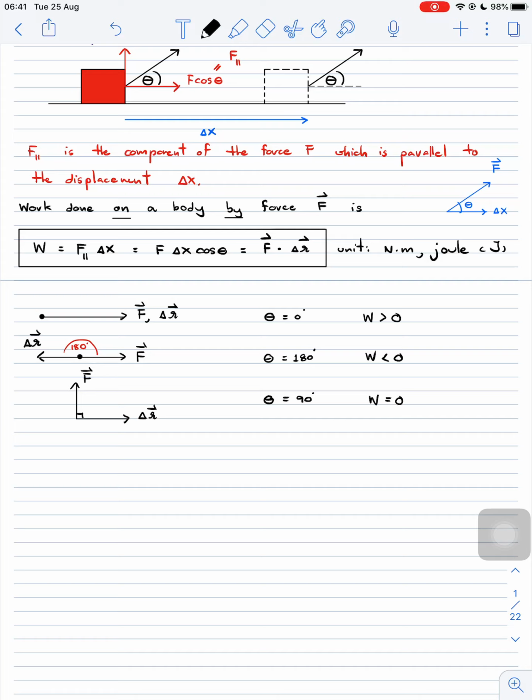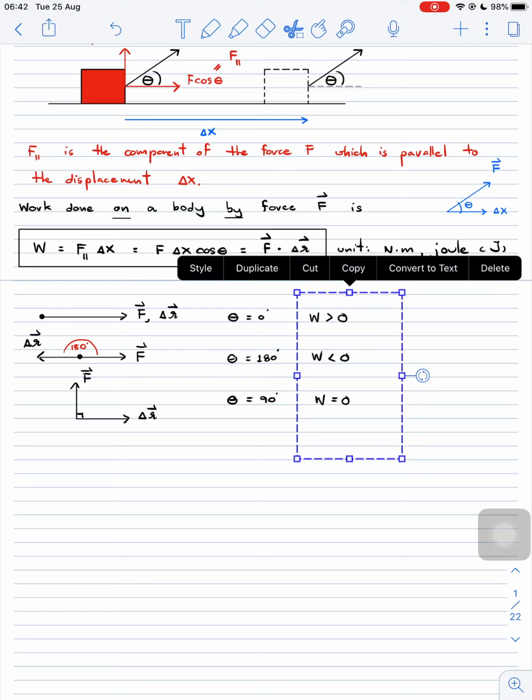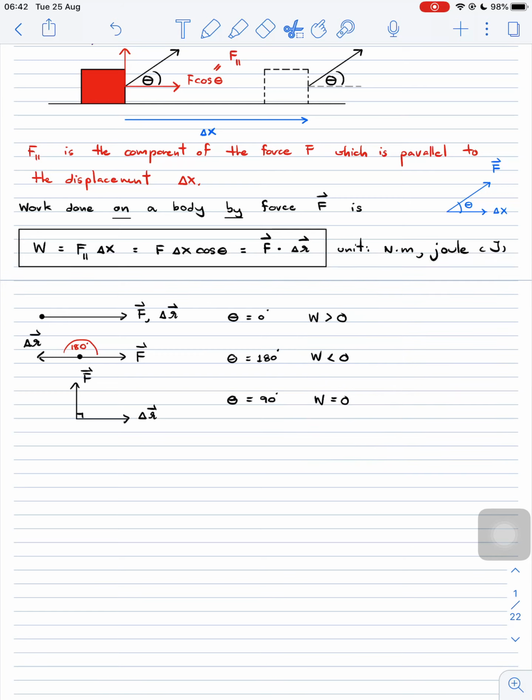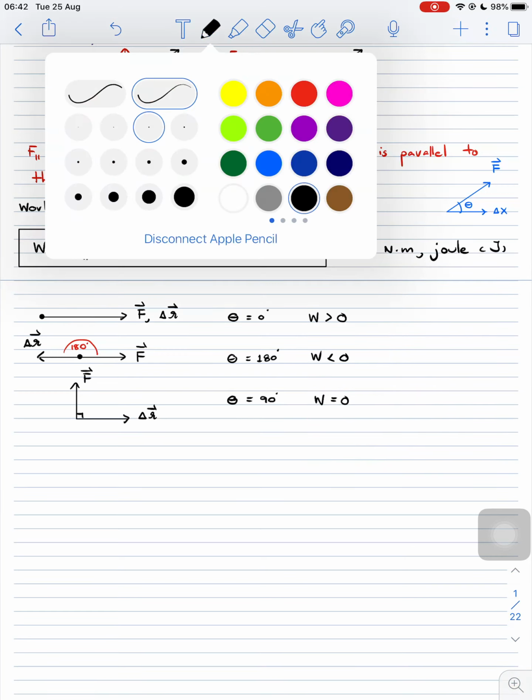So what is the meaning of the work done to be positive, negative, or 0? Later I will try to link the work done to the change in the kinetic energy. But here let's talk first.